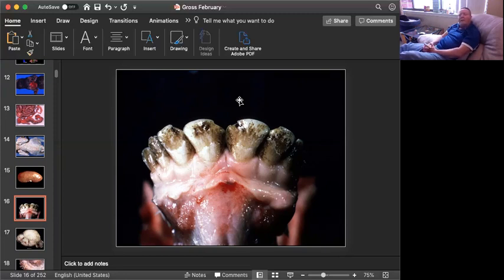And what happens is you get weakened enamel and dentin, and the enamel will just crack off as part of normal chewing. The morphologic diagnosis would be enamel and dentinal dysplasia and fracture.